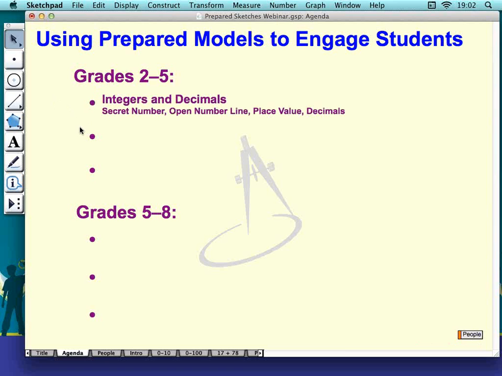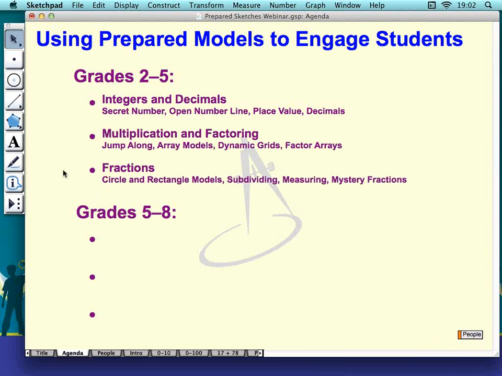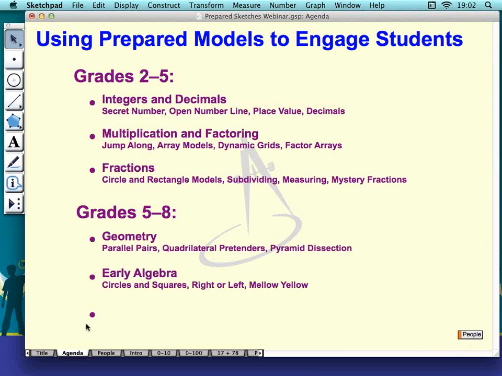The things we'll look at in the earlier grades include some activities around integers and moving on from integers to decimals as we explore number lines and so forth, activities around multiplication and factoring, and activities related to fractions. As we move on to the middle school level, we'll be looking at some geometry activities, some early algebra activities, and an activity related to data.